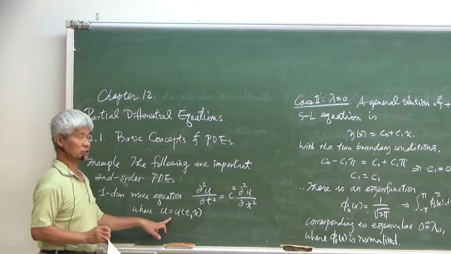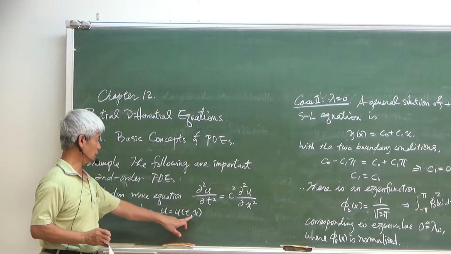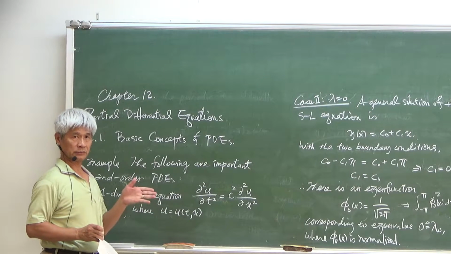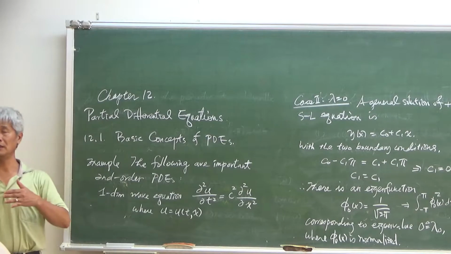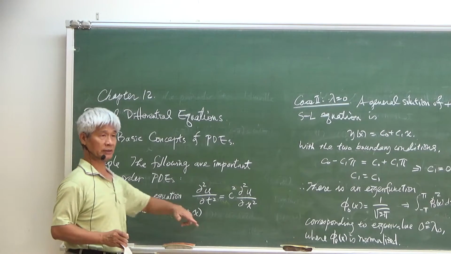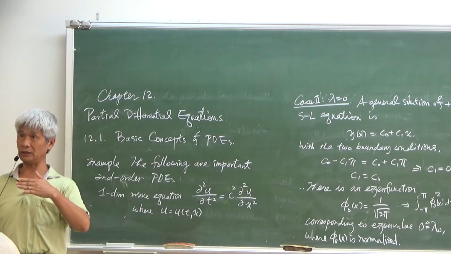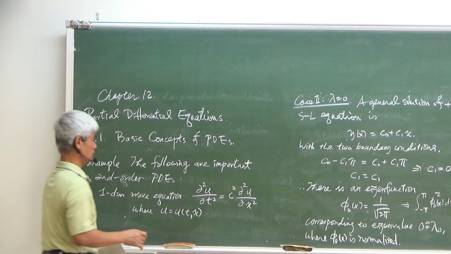So u is a function of two independent variables. One is called the time variable, the other is called the x variable. So x represents the space variable, and it is called one dimension because we are considering only the x coordinate. So it's called the one-dimensional wave equation.